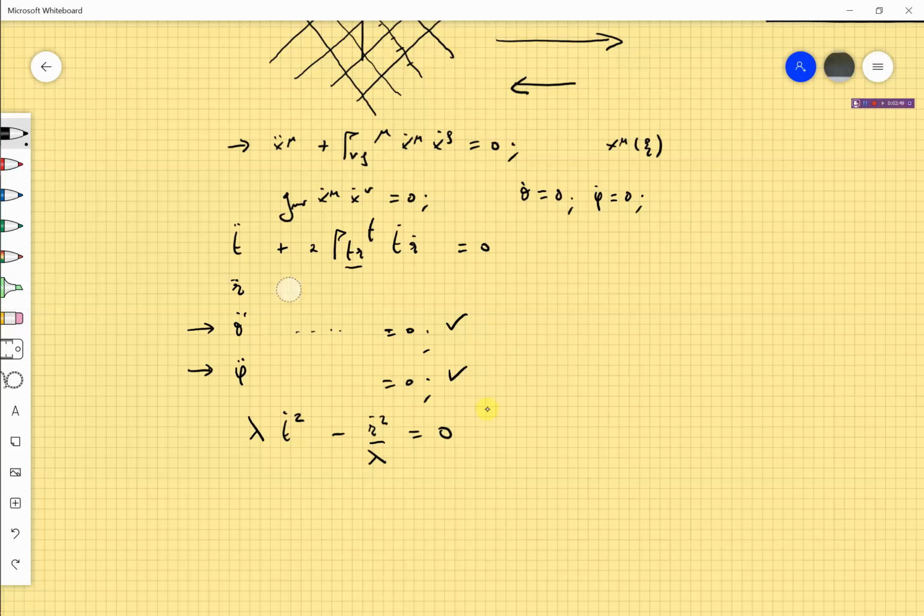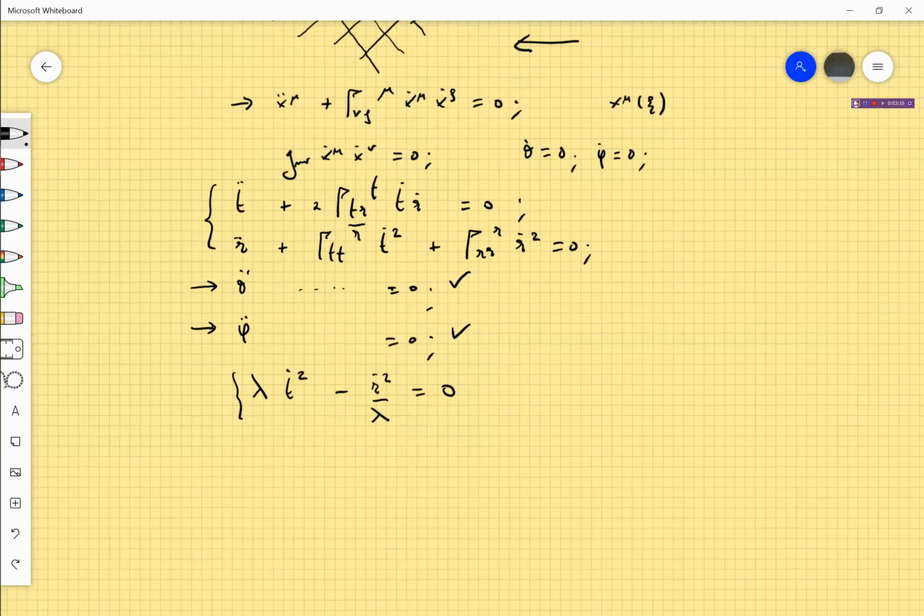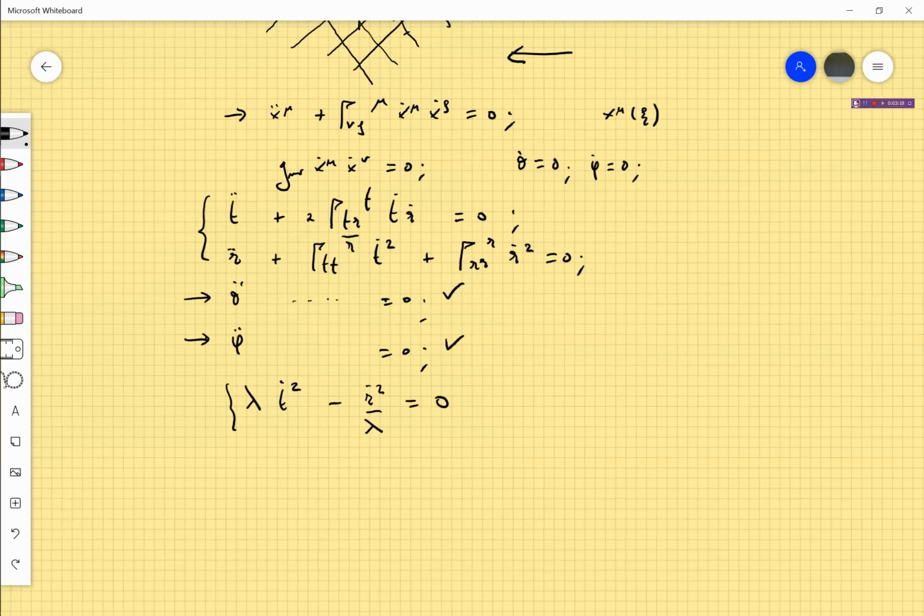And for r double dot, also taking into account that theta dot and phi dot are 0, there are only two components that are different from 0. So it's gamma ttr t dot squared and gamma rrr r dot squared equal to 0. These are the three equations that we need to solve, and we just use the components that we have computed already in the past.